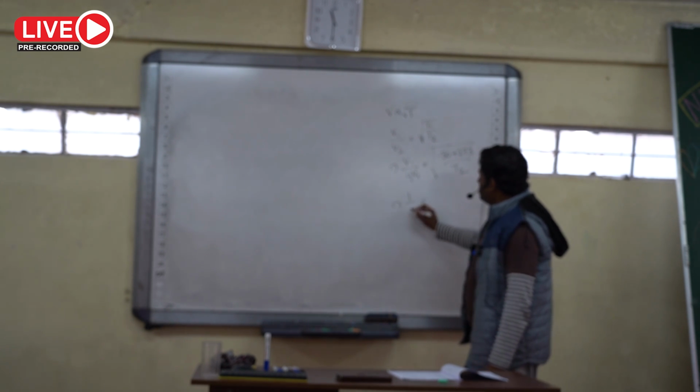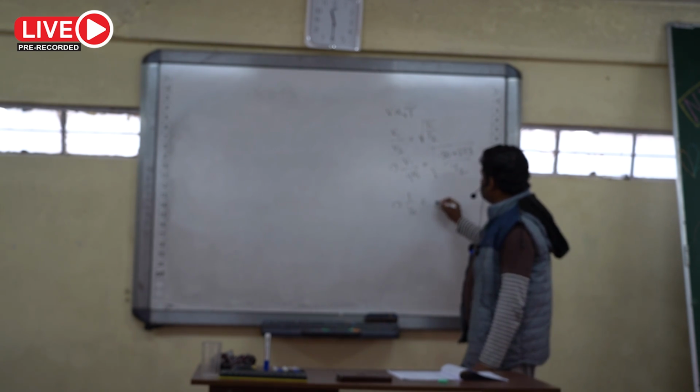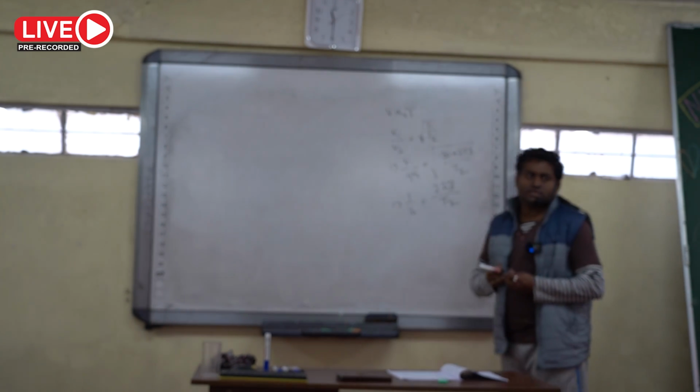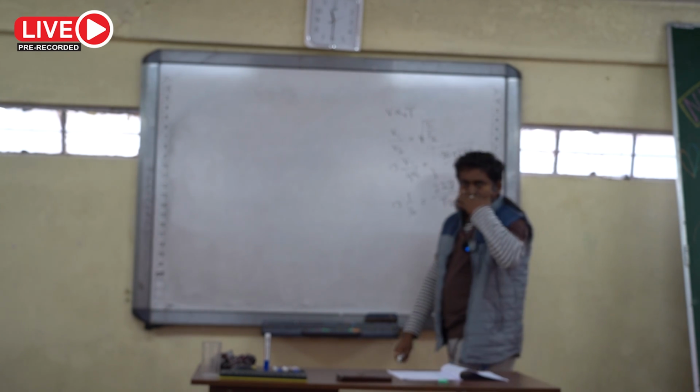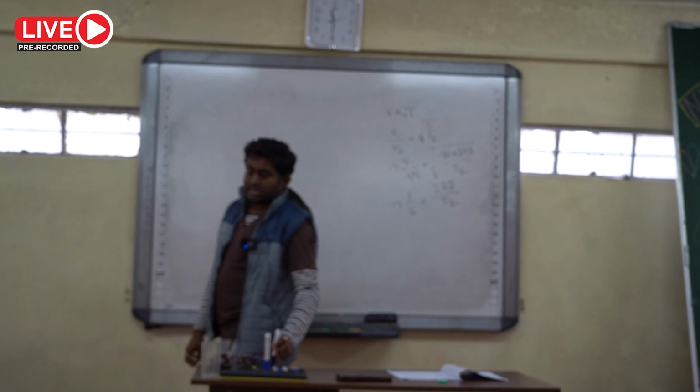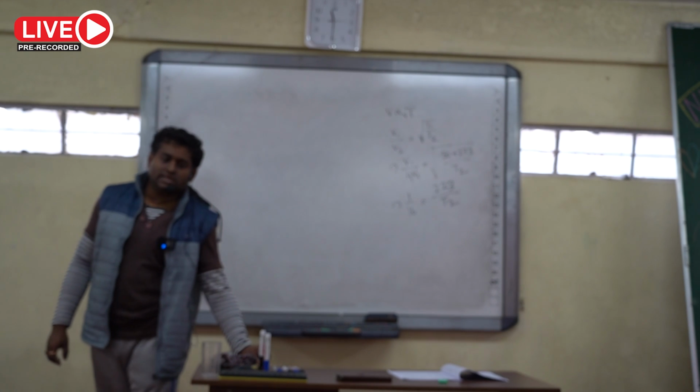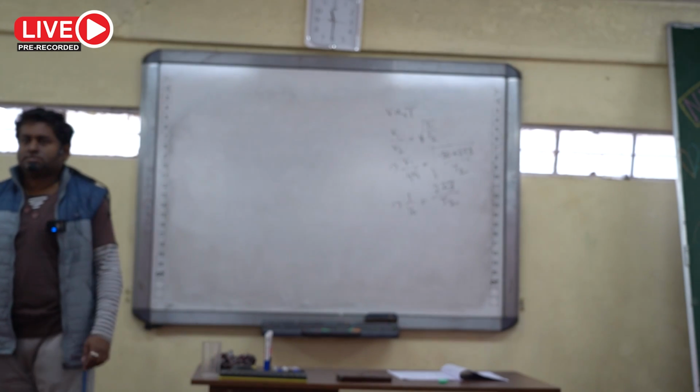So it will be 1 by 16 and this one will be 223 by T2. Then calculate T2. Increased by 3 times, not increased 3 times.